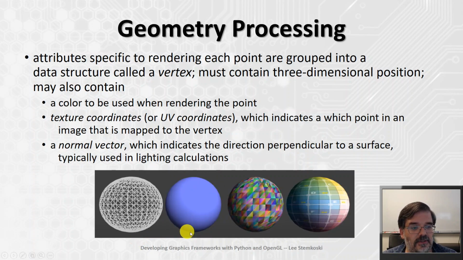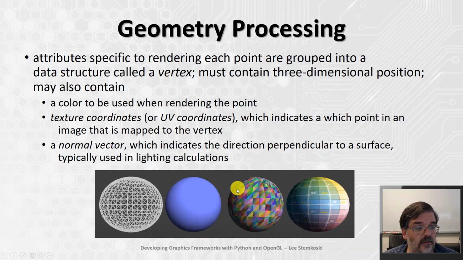Here, in second position, we have a blue sphere. A solid color has been applied, but normal vectors are also used to do shading calculations. You'll notice the sphere is brighter in the top right corner and darker along this edge. That's calculated using normal vectors.